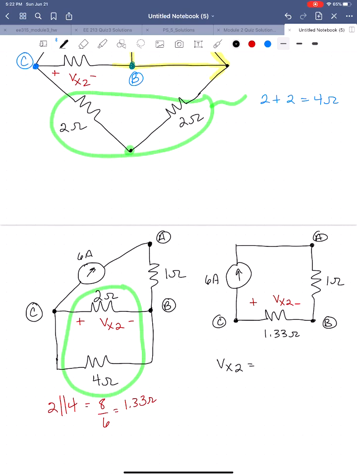So Vx2 is equal to minus 6 to deal with the passive sign convention, multiplied by that 1.33 ohms. And so when all is said and done, we'll get that this is equal to minus 8 volts. So that's the second part of the voltage Vx that's a function of just the 6 amp source.